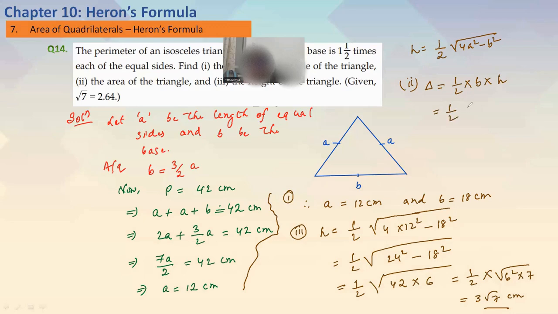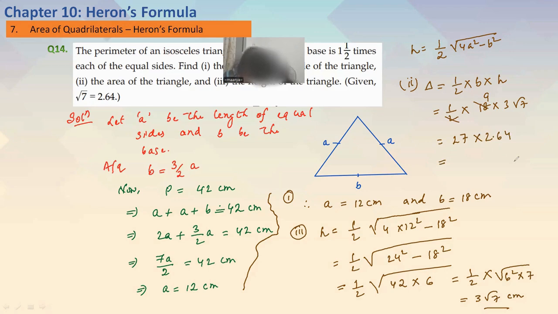So half into 18 into 3 root 7, that is 27 root 7, with root 7 as 2.64. Please multiply this. Yes, sir.